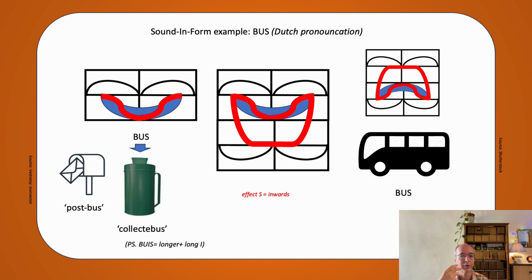The B is the extension, and then the S is the outer part and the U is the inner part. So it can be extended from within, so that's the purpose of it. The S is an effect or a purpose. You can say it in either way.